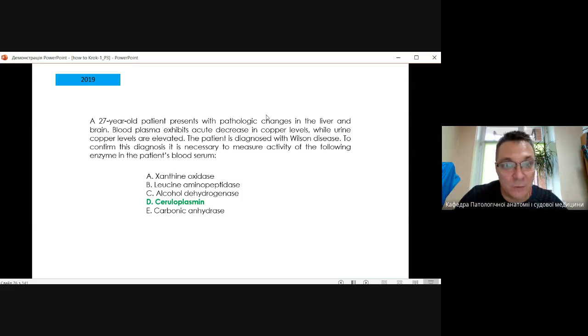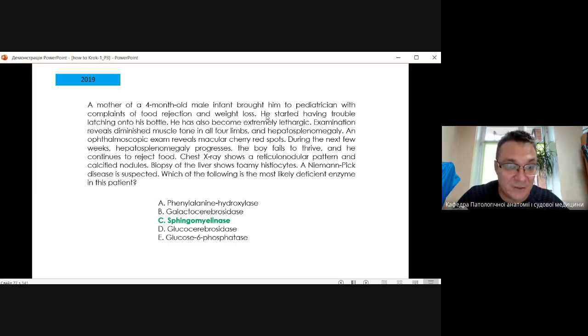There was a question about Wilson's disease. This question is rather pathophysiological. Anyway, ceruloplasmin is decreasing as the compensation in absence of the normal copper transport from the hepatocytes.